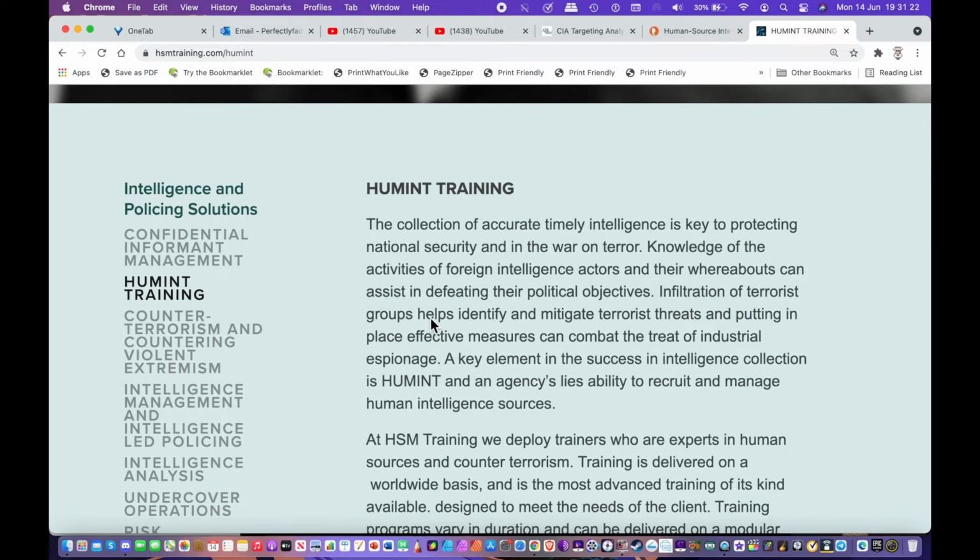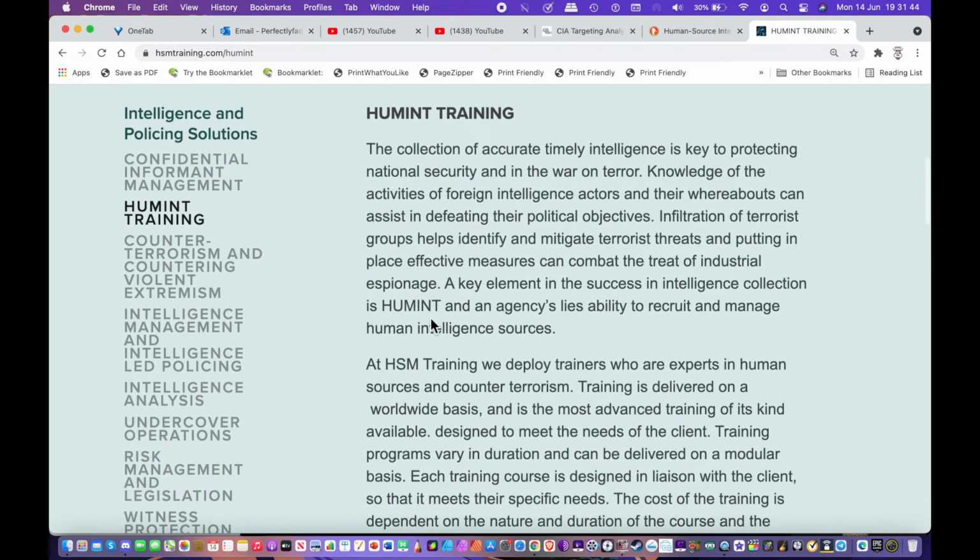HUMINT training. The collection of accurate, timely intelligence is key to protecting national security and in the war on terror. Knowledge of the activities of foreign intelligence actors and their whereabouts can assist in defeating their political objectives.